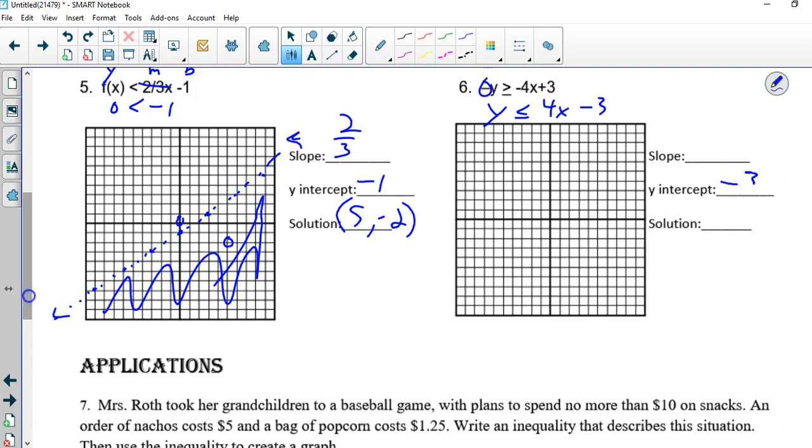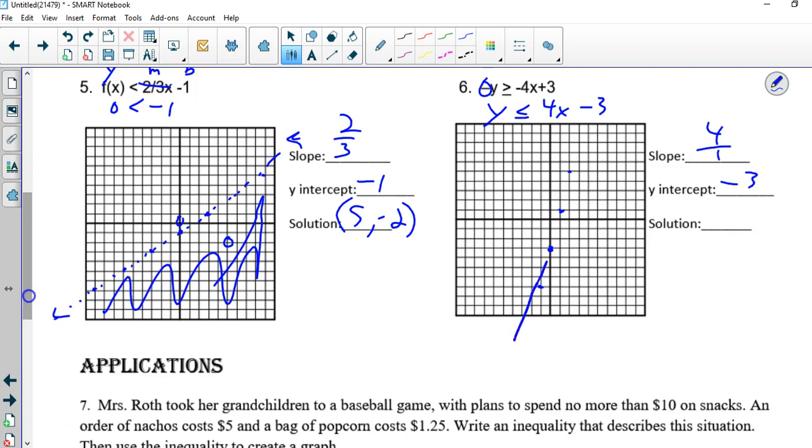So my y-intercept is negative 3, my slope is 4, or 4 over 1. So I go to negative 3, I go up 4, right 1, or down 4, left 1.